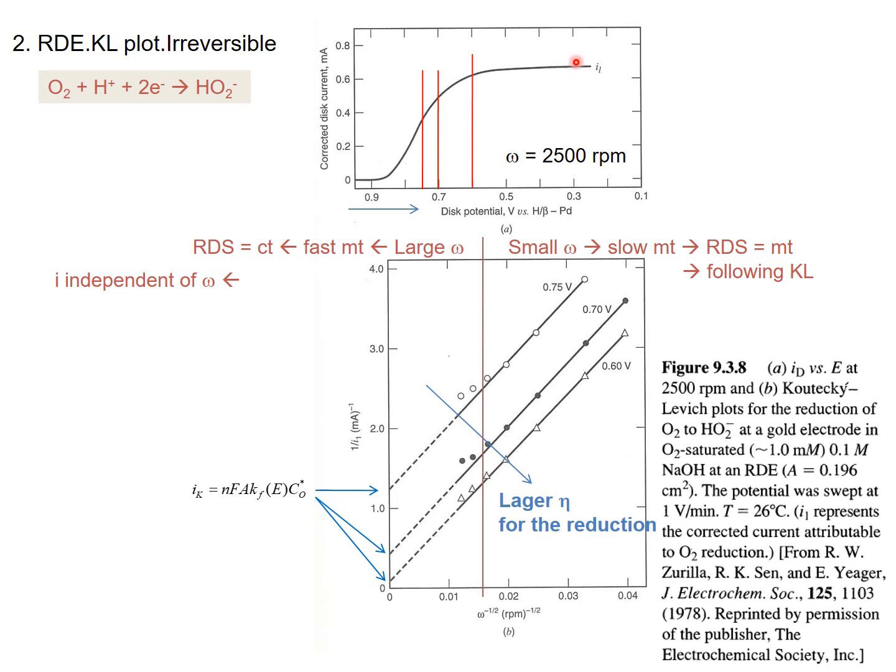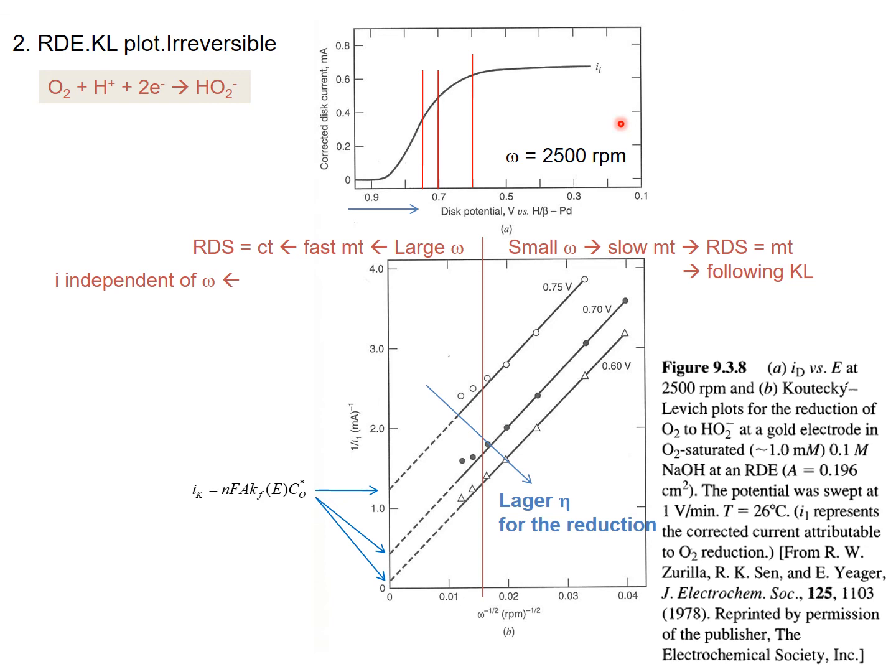Let me say this linear sweep voltammogram is obtained at 2500 RPM. Also at other RPMs like 1600, 900, 400, and 100 RPM, I have obtained similar linear sweep voltammograms.